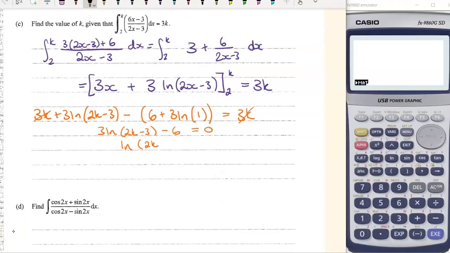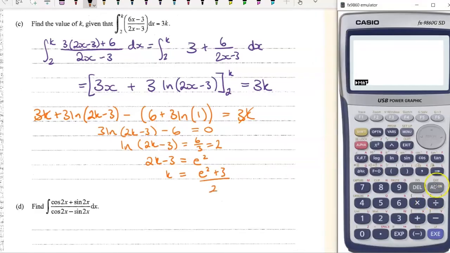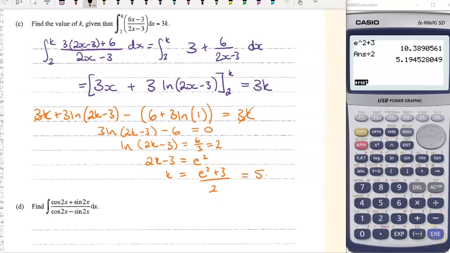So natural log of (2k minus 3) is equal to 6 over 3, or 2. So 2k minus 3 equals e to the 2, and k is (e to the 2 plus 3) over 2. And if we want to do that on the calculator, I imagine they'll give that as a correct answer as it is. But if we need the decimal, then that would be 5.19.